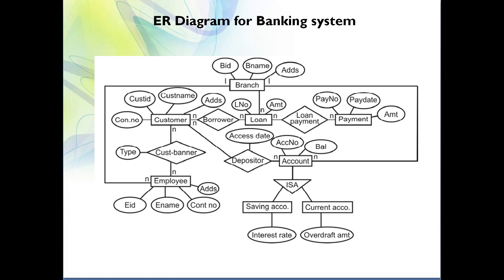You are not satisfying the requirements of the user, so in that case your ER diagram is different. But whenever you are drawing an ER diagram for a particular project, it should be in great detail. Here I can't say that this is a detailed ER diagram for a banking system. If you draw a detailed one, it may consist of many entities. I hope all of you are clear.